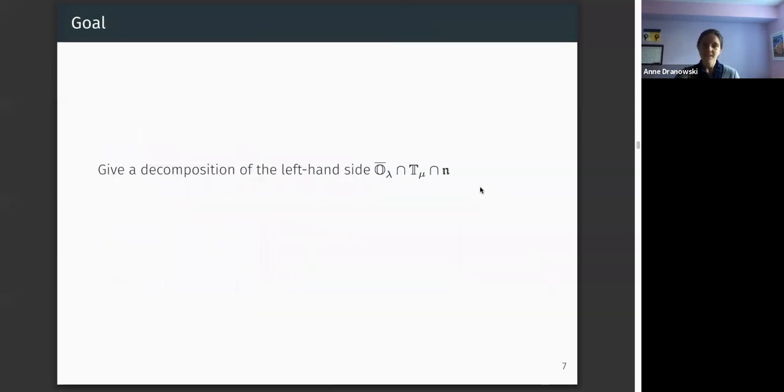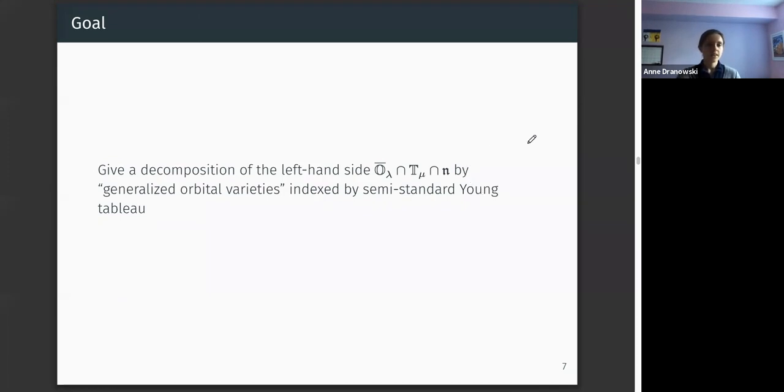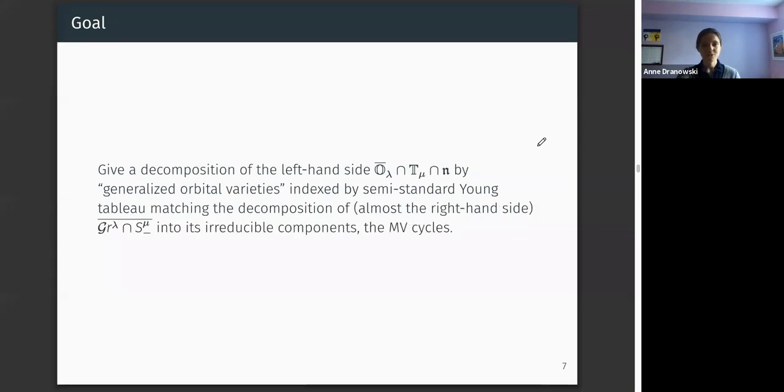Okay, so for the rest of the talk, my goal is to survey various results related to this restricted isomorphism, starting with giving a decomposition of the left-hand side by generalized orbital varieties, indexing these by semi-standard Young tableau using our fun matrix fact from the beginning, and matching this decomposition with a decomposition of almost the right-hand side.